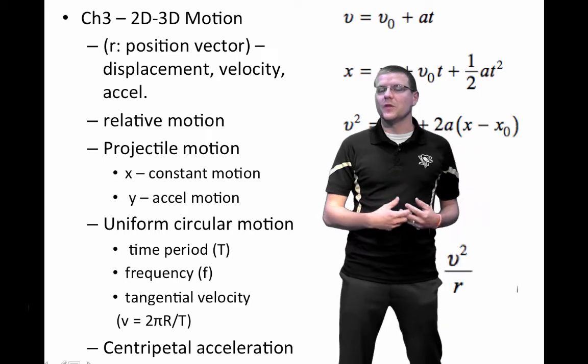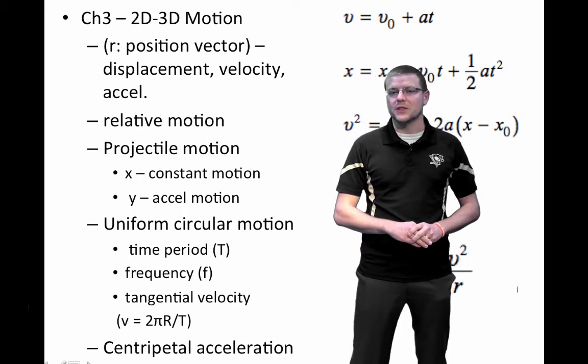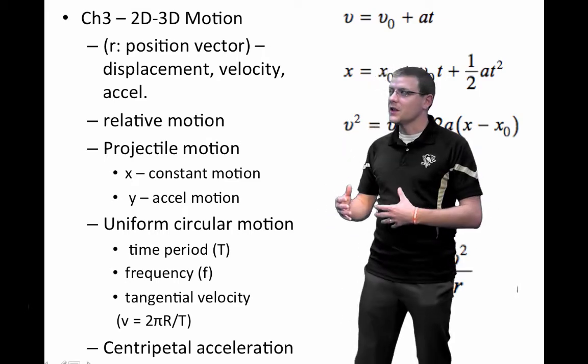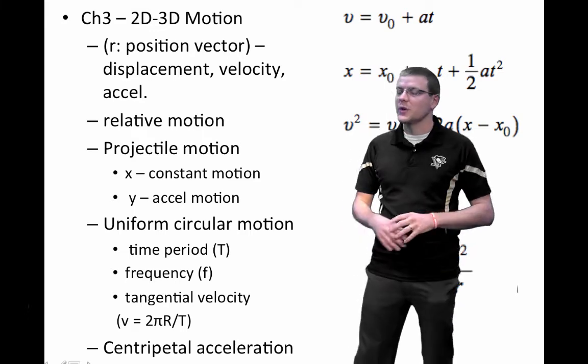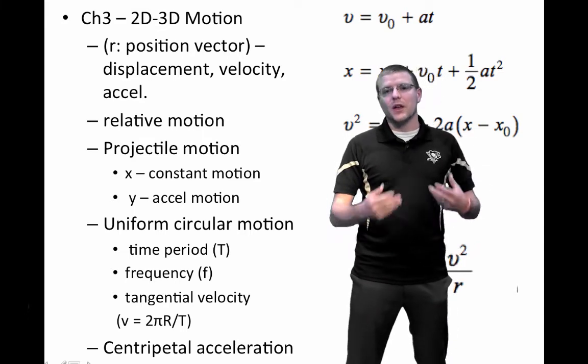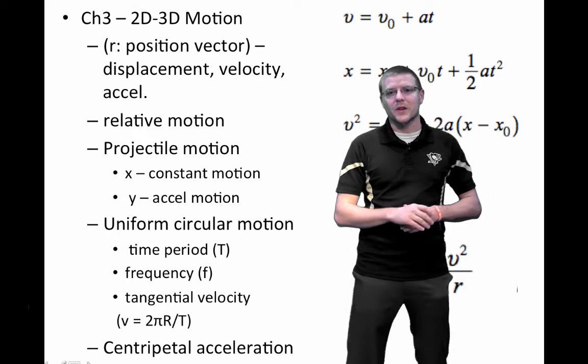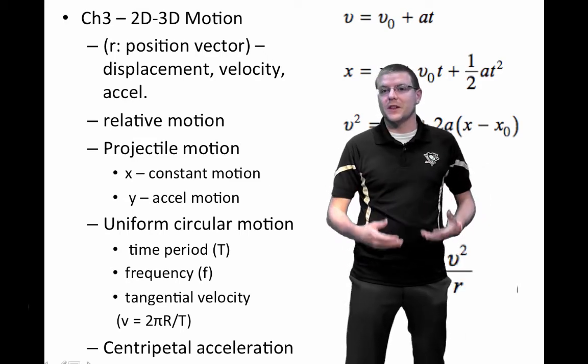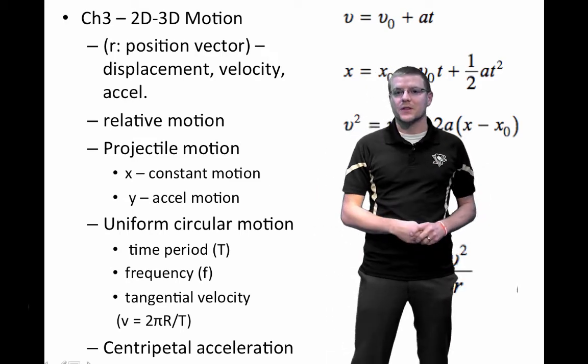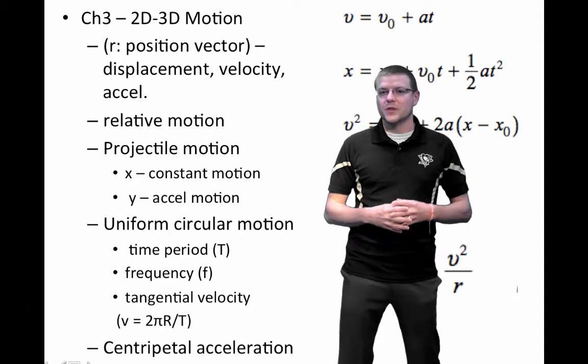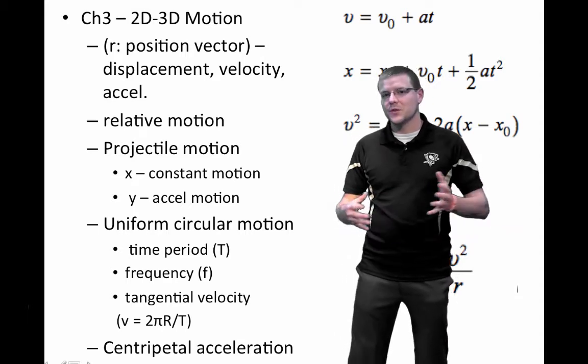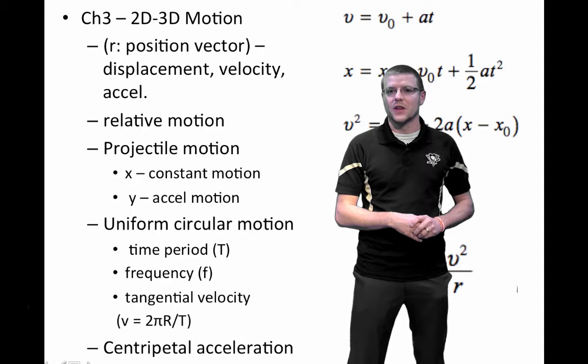And that means when you're moving at constant motion, there is no acceleration. You don't have to worry about accelerating in the X, which makes your equations that much easier. In the Y direction, though, you do have to worry about the acceleration. The thing that makes us accelerate as a projectile is gravity. So use 9.8 for your accelerations when you're using your projectile motion.